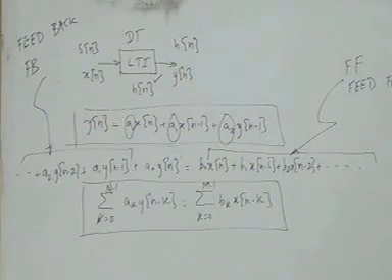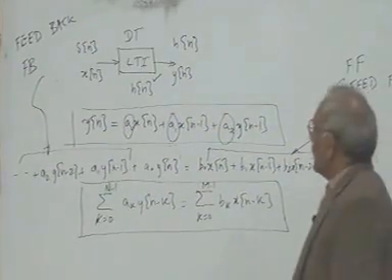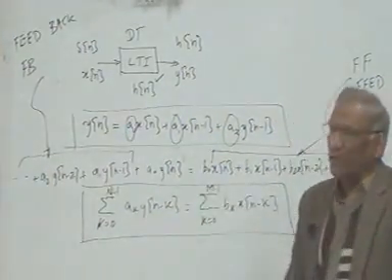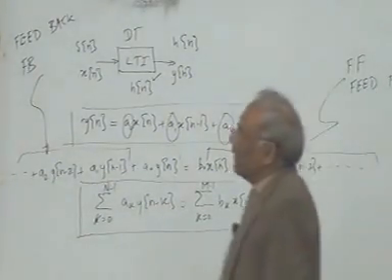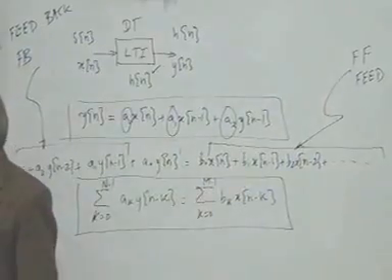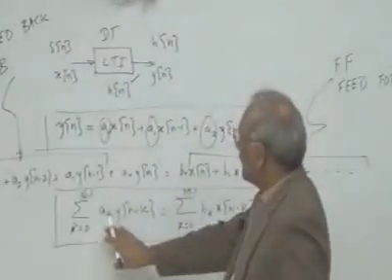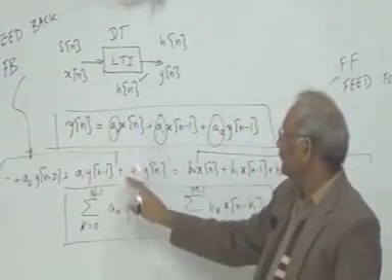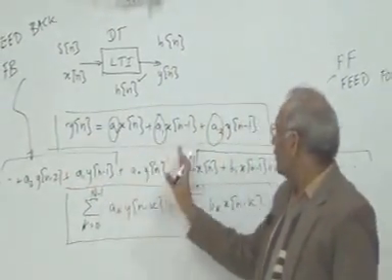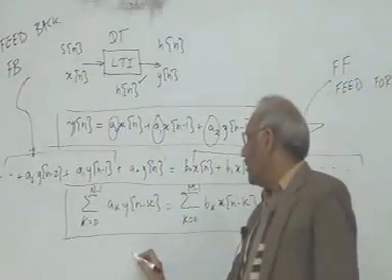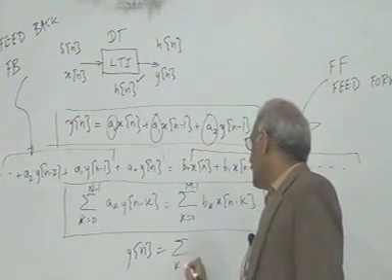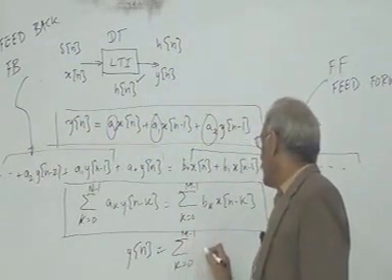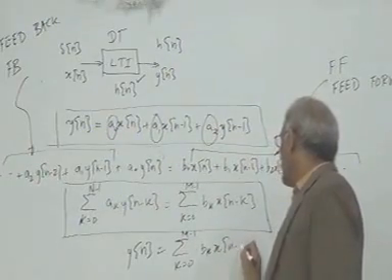Now let's consider two situations. First situation, where we have no feedback, just feed forward terms. Then you will have an equation like this. The left portion will have just the first term. There are no feedback terms, only feed forward terms. So you will end up getting y of n equal to summation k equal to 0 to m minus 1 of bk x of n minus k.